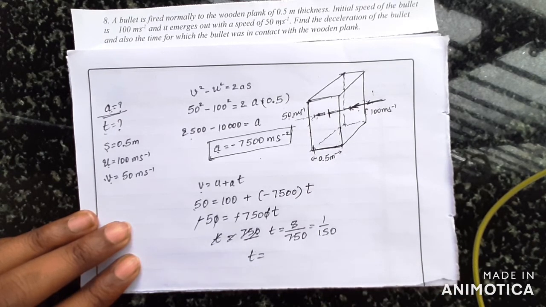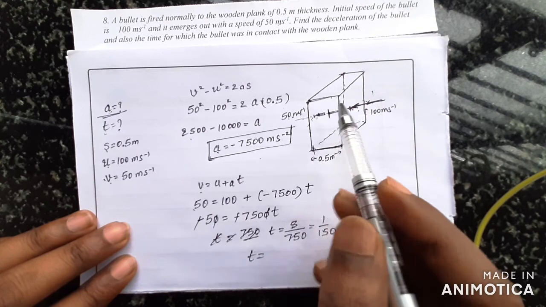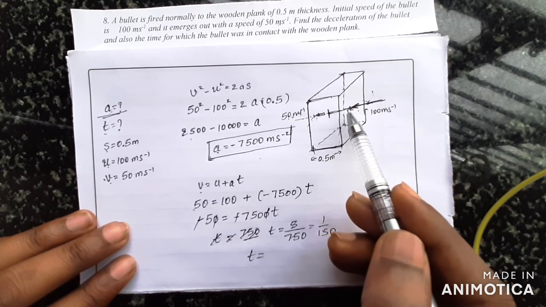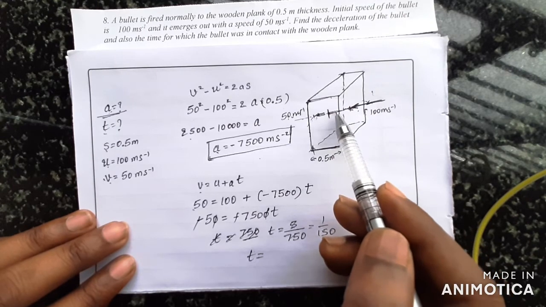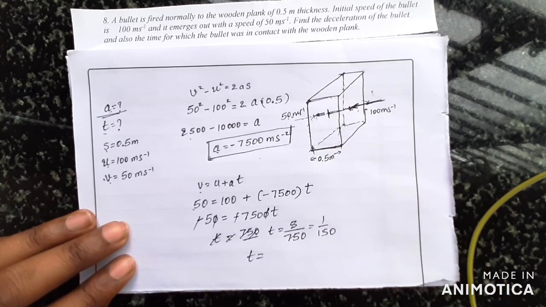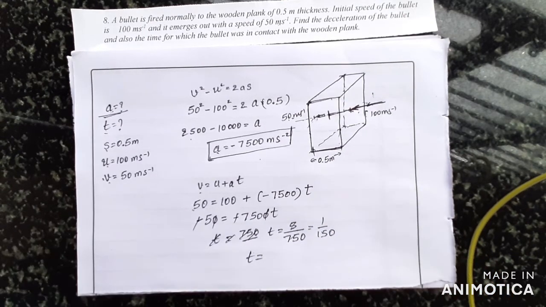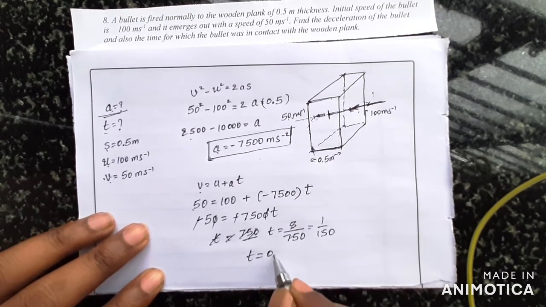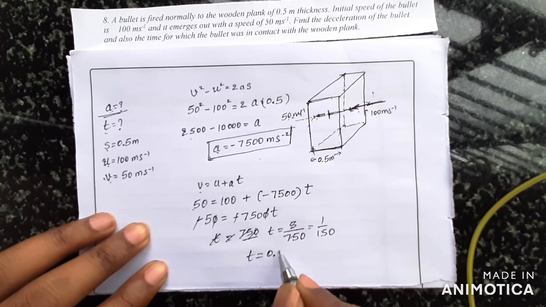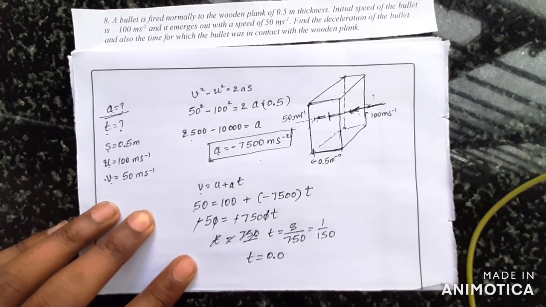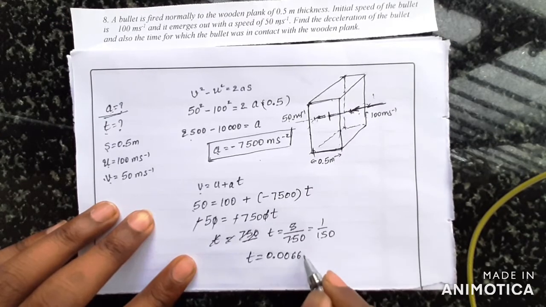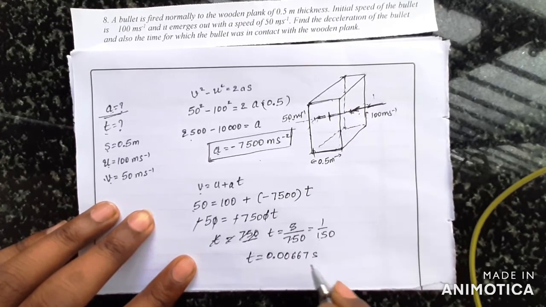So the time taken, or time for which the bullet was in contact, means inside the wooden plank, is equal to 1 by 150, which is equal to 0.00667 second.